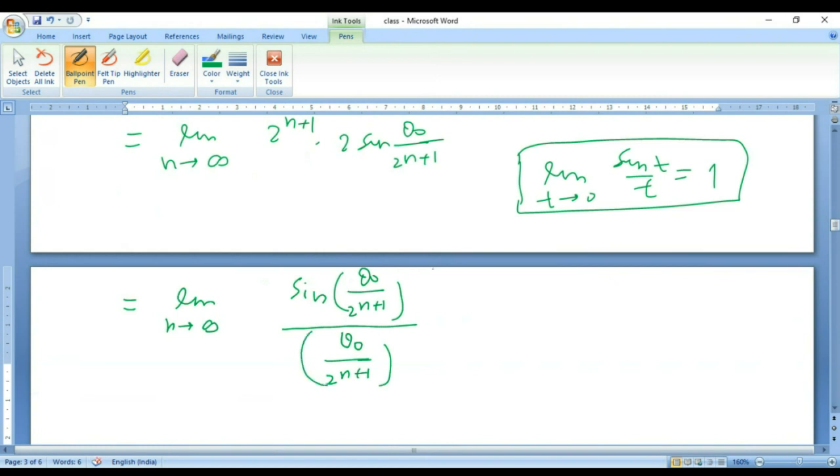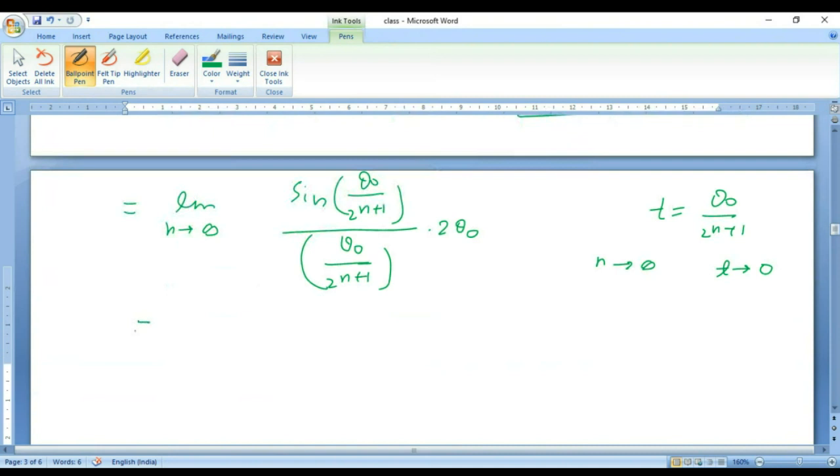So we are basically getting sine t over t. This is my t. Our t for this example is theta naught over 2 to the power n plus 1. And as n tends to infinity, t tends to 0. So we are good. Now, let me adjust these things. Here, you will get 2 and then theta naught because theta naught is not here. And 2 to the power n plus 1 comes down.